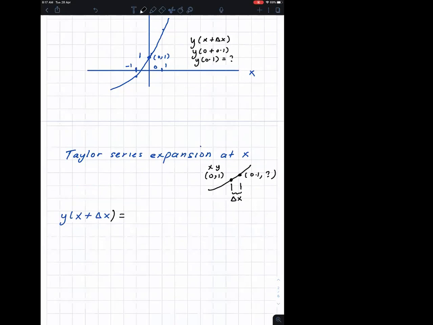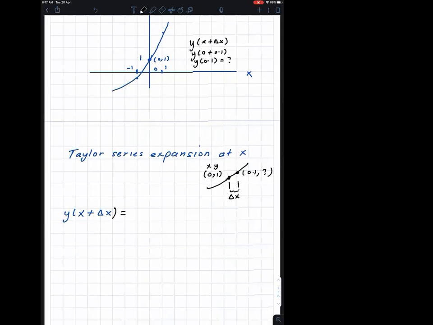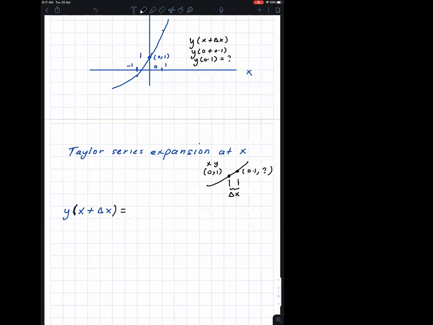The Taylor series expansion formula is y(x + delta x) equals y(x) plus delta x y prime(x) over 1 factorial plus delta x squared y double prime(x) over 2 factorial.